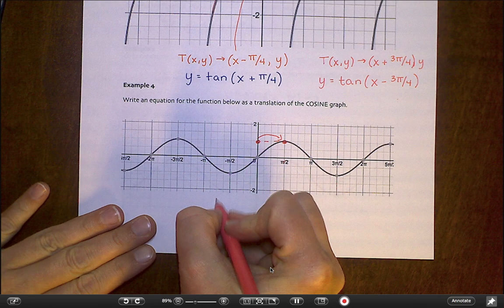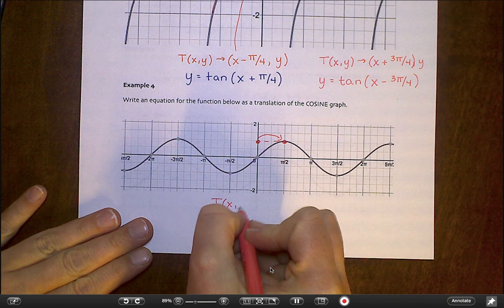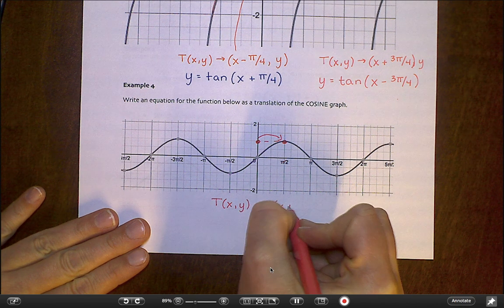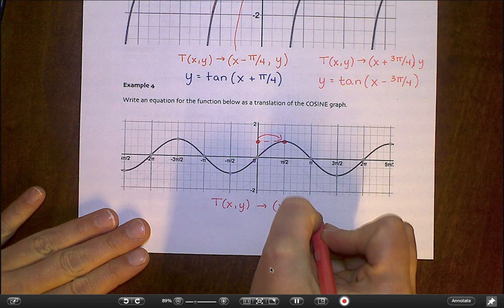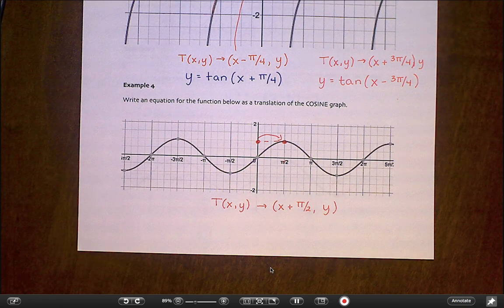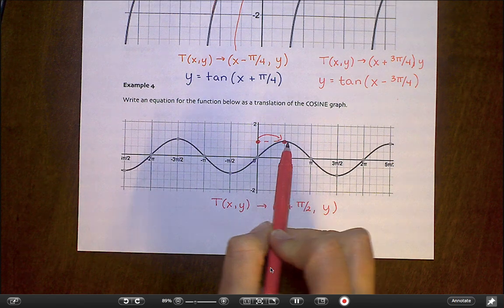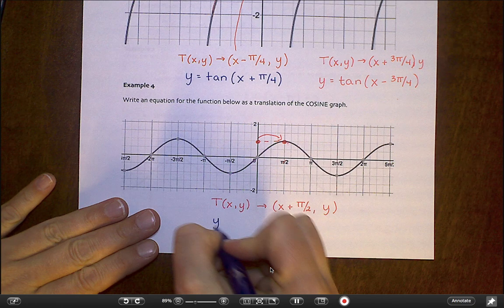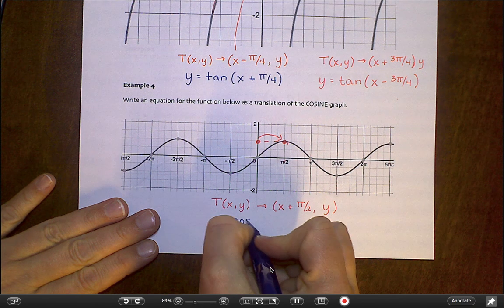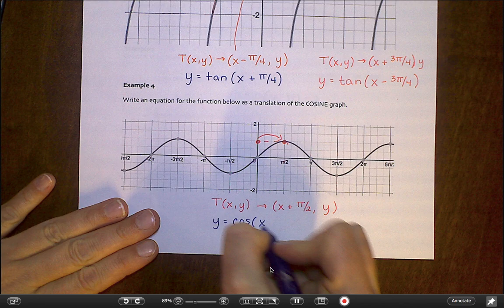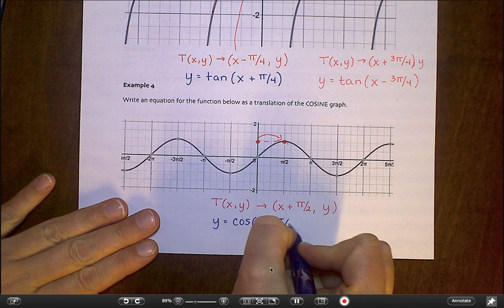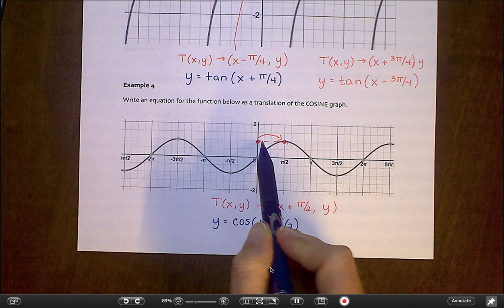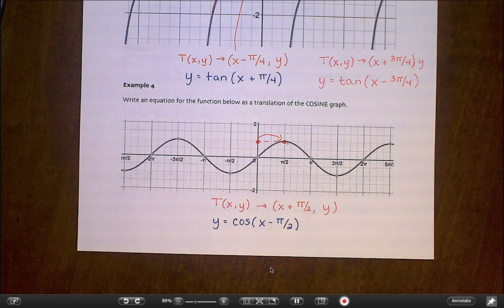So the translation that I did to the cosine function would have been a positive pi over 2. I didn't vertically shift it at all. I took my cosine function, I dragged it to the right by pi over 2. So if I want to write the equation as a cosine function, I would say cosine of x minus pi over 2. There is a distance of pi over 2 between the sine function and the cosine function.